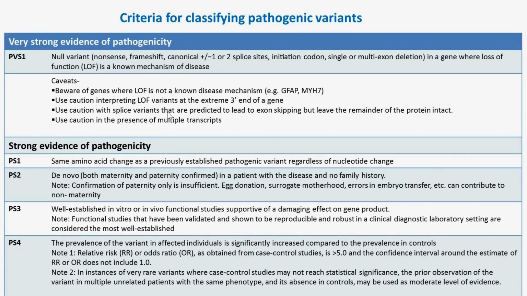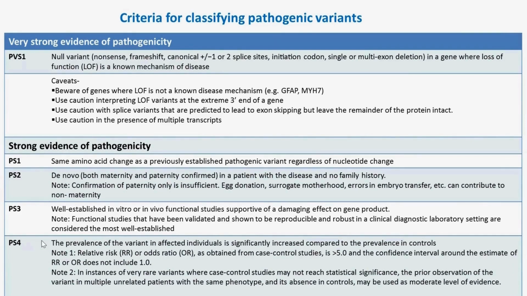The caution we should keep in mind with this particular class is that we should exclude the genes where loss of function has not been established, like splice site variants which are predicted to lead to exon skipping but leave the remainder of the protein intact.